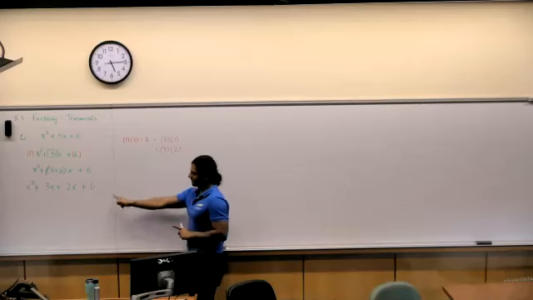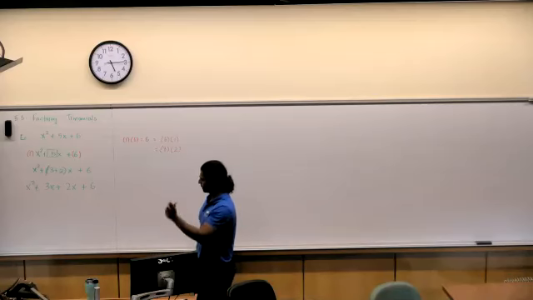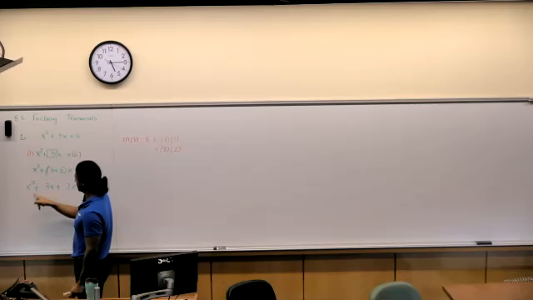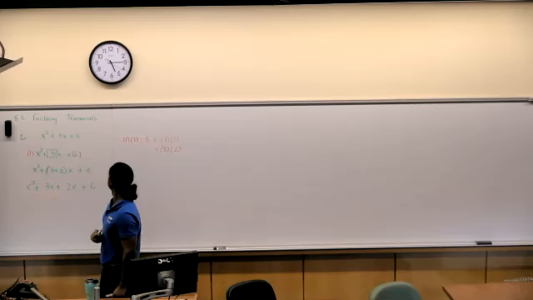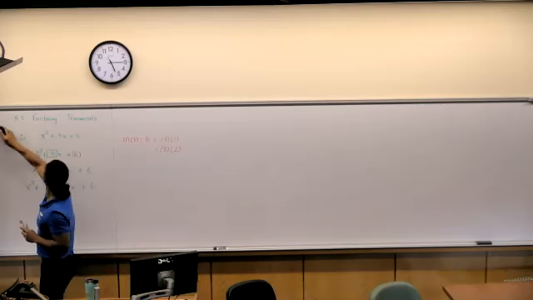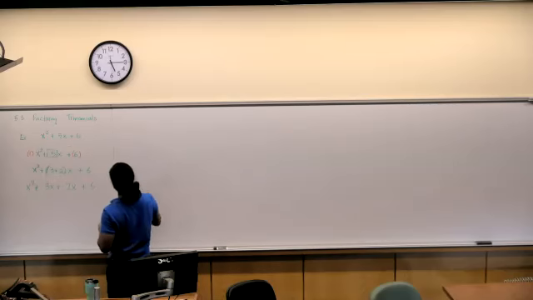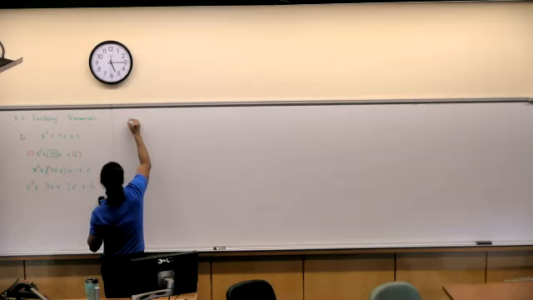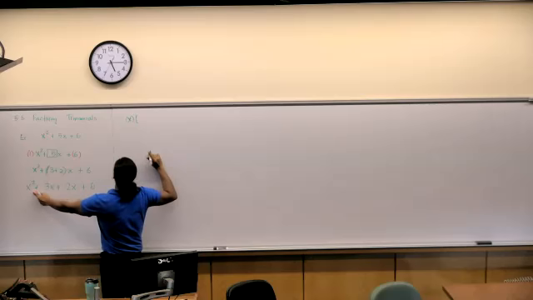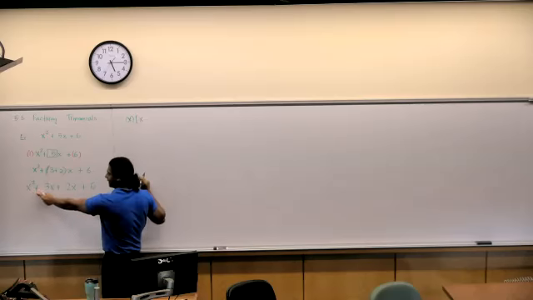Yes? This is similar to the problems that we just did earlier. What do we have in common between the first 2 terms? X. If I take x out of x squared, I will have x.